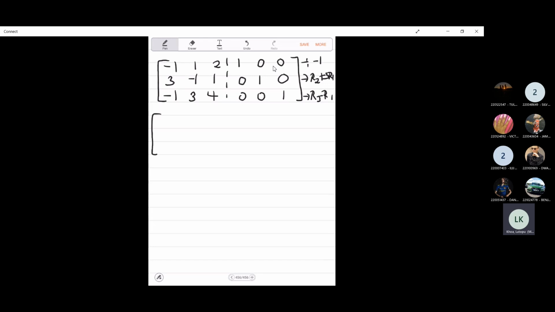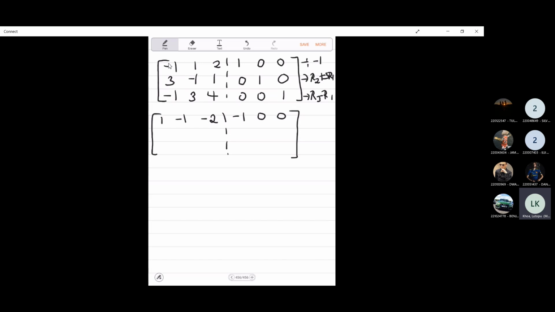So I say the first row, I will divide it by -1. So I have 1, -1, -2. Then -1, 0, 0. And then this row, multiply by 3, add to this one. Sorry, I'm adding, not subtracting.